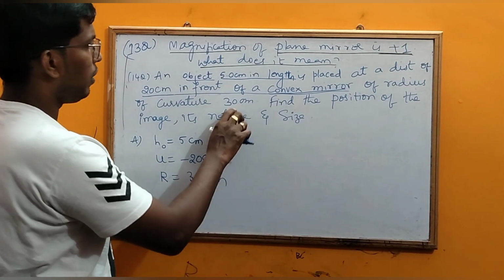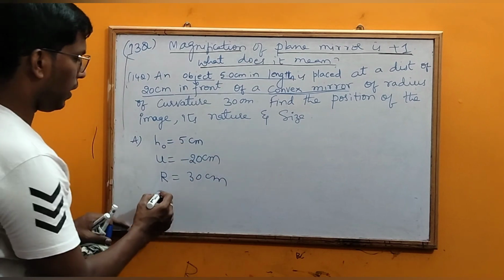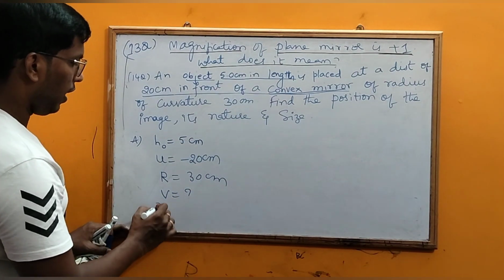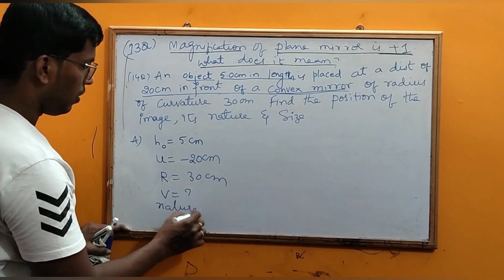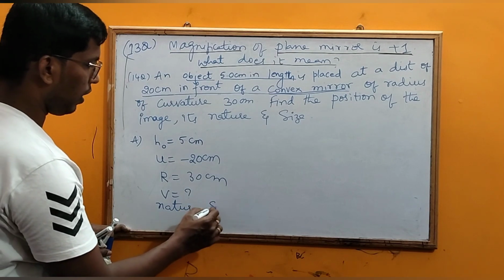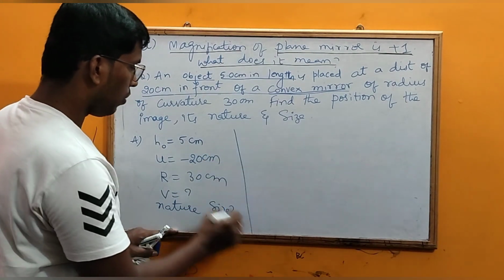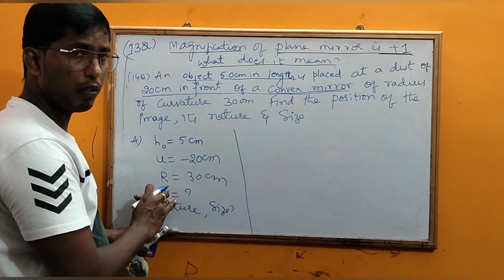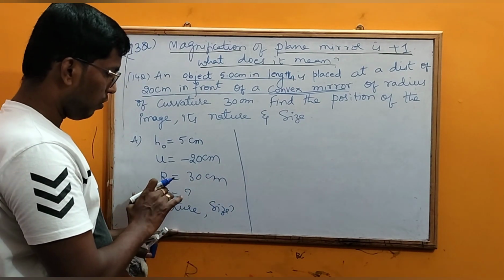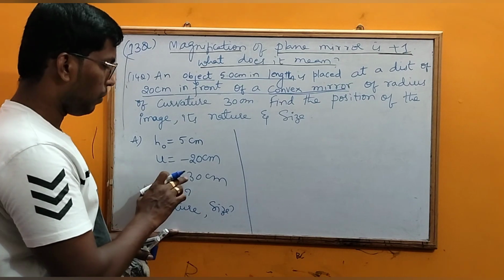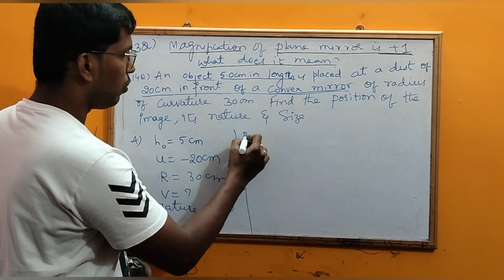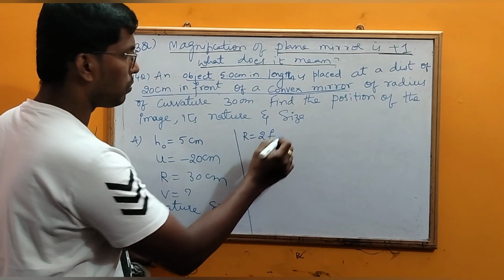So what we need to find is the position of image distance, and nature of the image also, and size of the image. So to find V value, we know the mirror formula. We should know the F, but F is not given. So we know the formula. R is equal to 2 times of focal length.